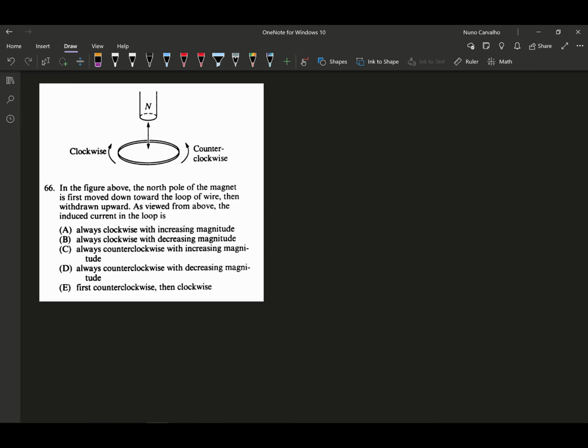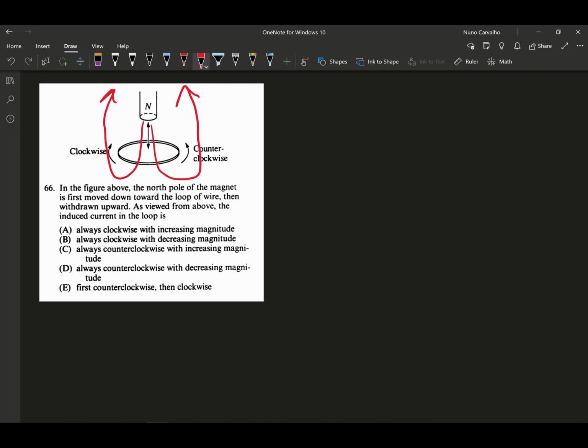So when this is being moved closer, we need to be thinking about what the magnetic flux is going to look like. We have these magnetic field lines that should look something like this coming from a magnet. Keep in mind that it goes out of the north towards the south pole.